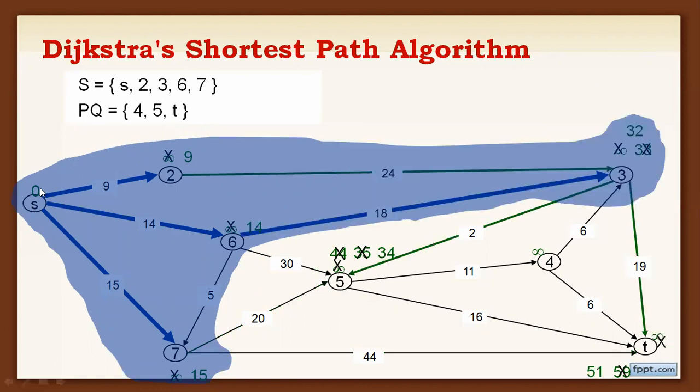Now consider this. If you want to calculate the minimum path from S to T, the minimum cost is 32, it is replaced by 33.